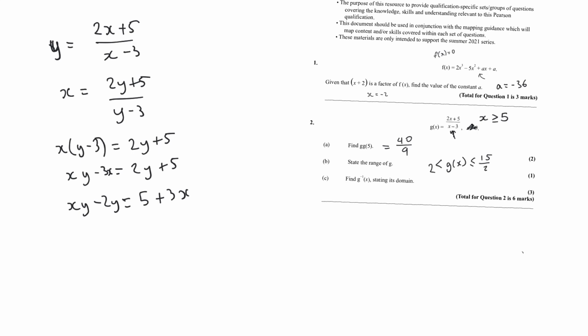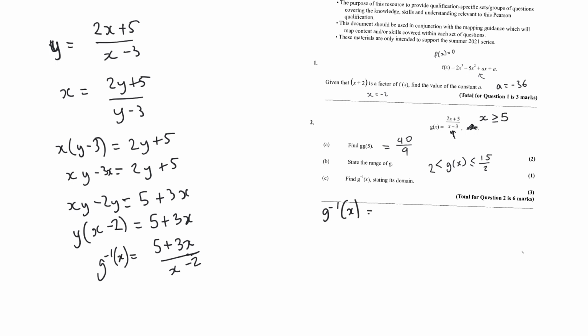And then to make y the subject, we'll factorize it with y outside the brackets. So then I have this. And last step, just divide both sides by x minus 2. So I'm left with 5 plus 3x over x minus 2. Now, rather than writing it as y is equal to, I can replace that with inverse g of x. And that is the equation.